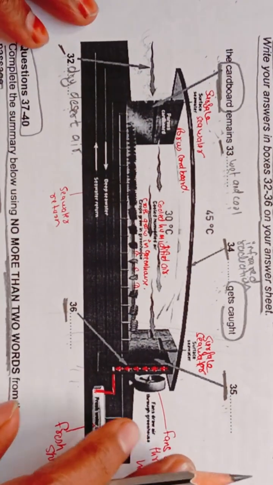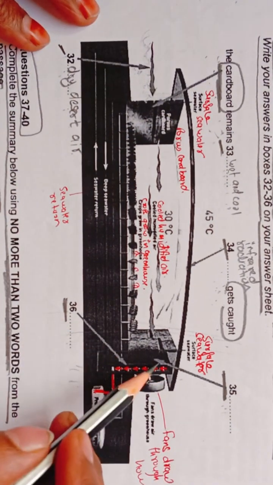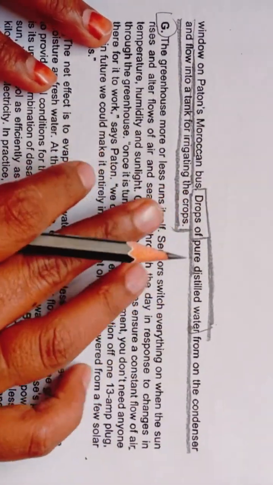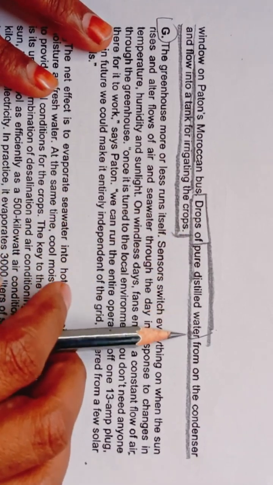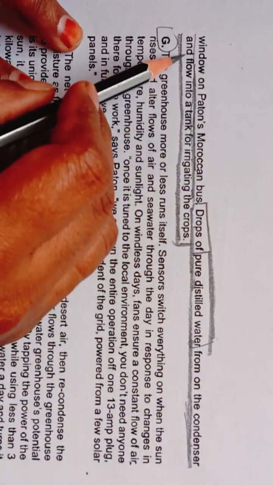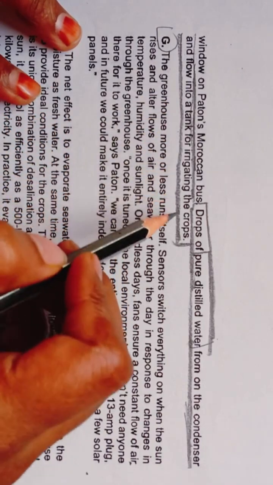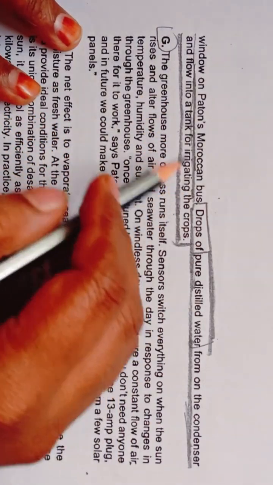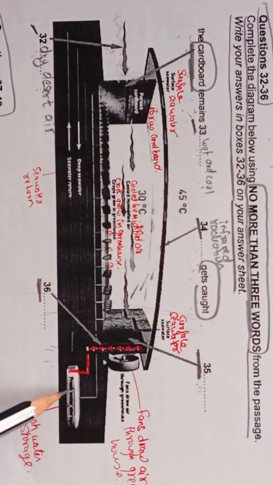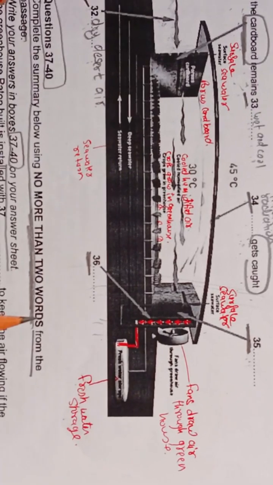This is 35 and this is 36. So what they are saying here is that drops of pure distilled water from the condenser flow into the tank for irrigating the crop. Flow into the tank means they are talking about this tank.